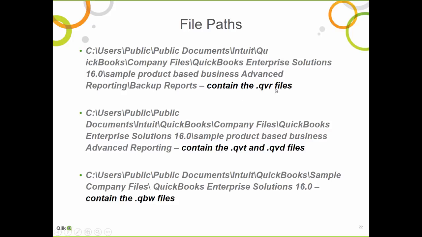And the QVR files that Phil was talking about, the report files, will go into backup reports once you've saved it. Then you have this path, which is pretty similar, except it does not have the backup reports at the end of it. They contain the QVT and QVD files. So the data files plus the template files are there. And then finally, you have just under the QuickBooks Enterprise Solutions path, the QuickBooks working files. Okay, so those are there.